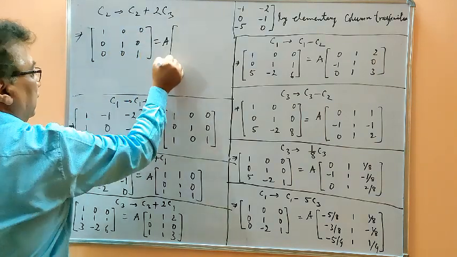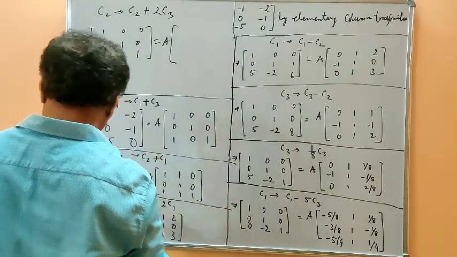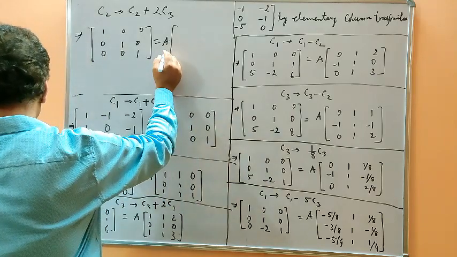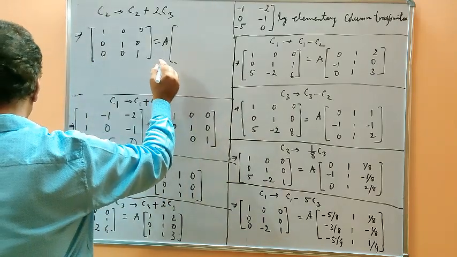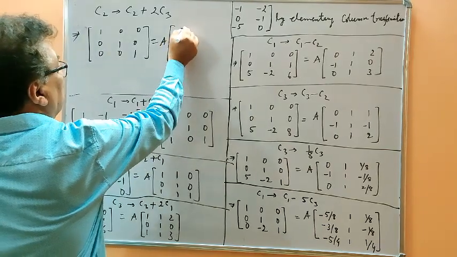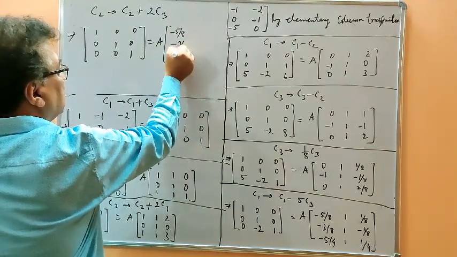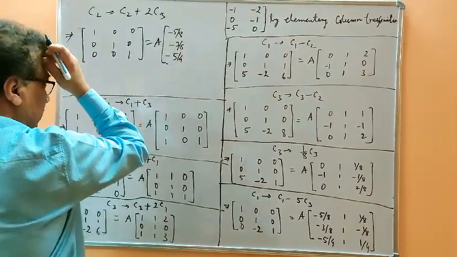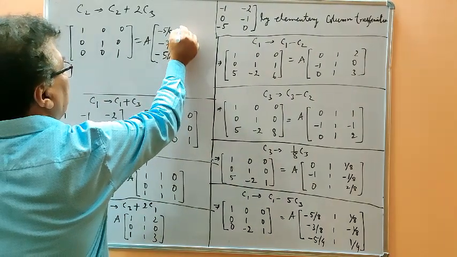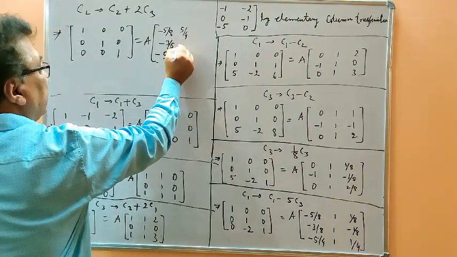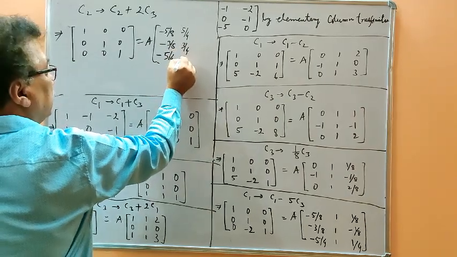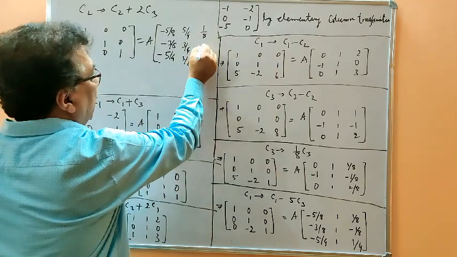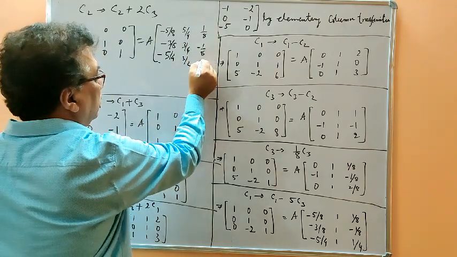And then A. And when you do this operation, you are going to get minus 5 by 8, minus 5 by 8, minus 3 by 8, then minus 5 by 4. The first column will be as it is. Okay, column 1 will be as it is, and in column 2 the elements will be 5 by 4, then 3 by 4, and then 3 by 2. Okay, and the third column will be as it is, 1 by 8, minus 1 by 8, and 1 by 4.